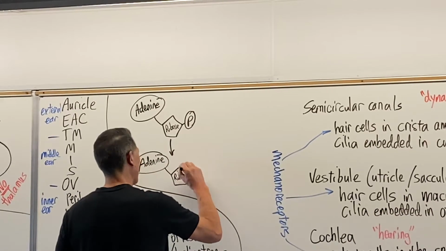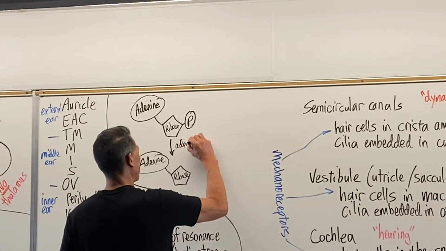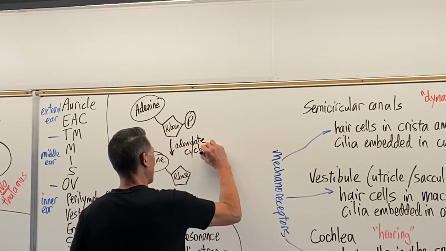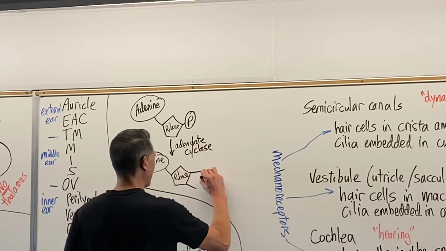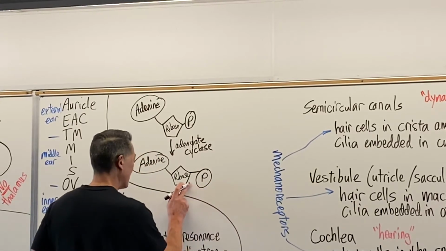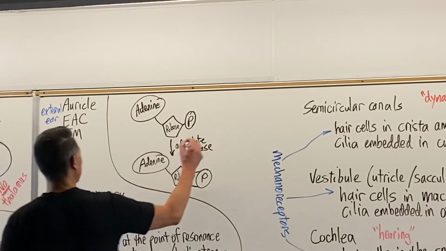This enzyme called adenylate cyclase causes there to be 2 bonds to the phosphate group, to the ribose. There's only 1 here for regular AMP.